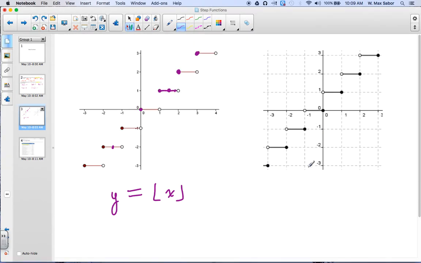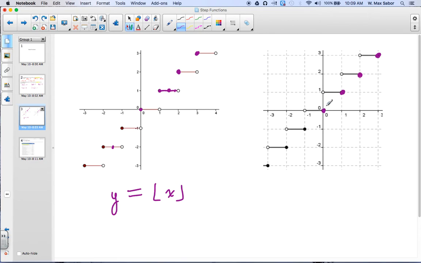The one on the right is very similar. It also has those 0, 0, 1, 1, 2, 2, 3, 3. But you'll notice that here we jump and then we go to the right, jump, then go to the right.